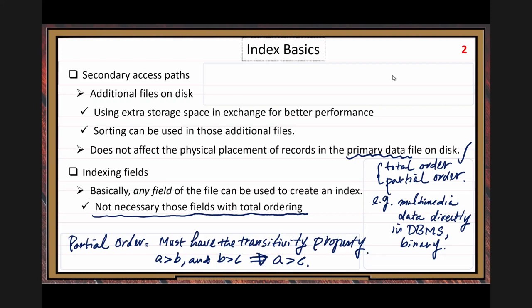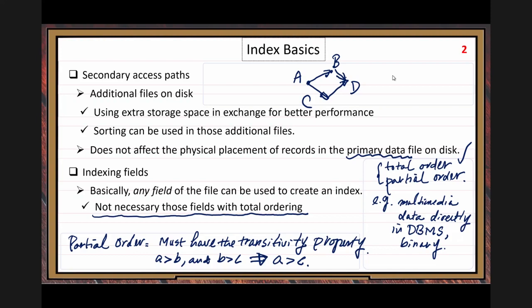Here is another example to show why partial order sometimes exists for real-world objects. Let me write a special example with nodes A, B, C, D. This is a directed graph, with direction.